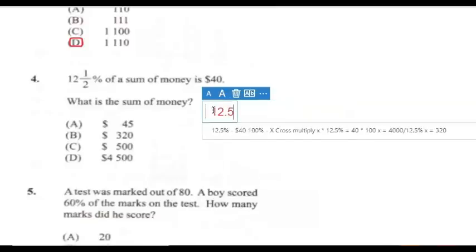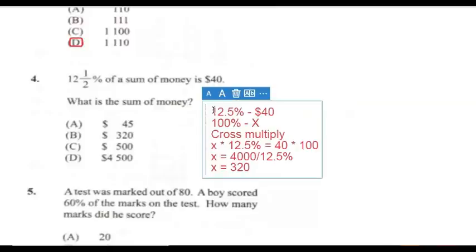Number 4, 12.5% of a sum of money is $40. What is the sum of money? So if 12.5% of that money is $40, we're trying to find the total sum, 100% of that money. So 12.5% is equal to $40. So what is 100%, which is what we're trying to find, which is x.